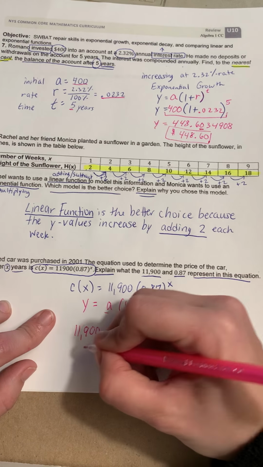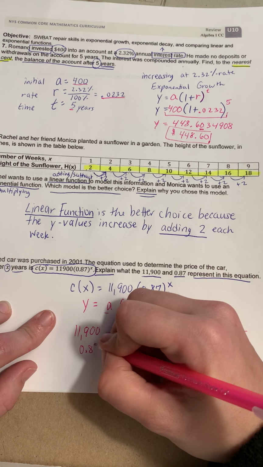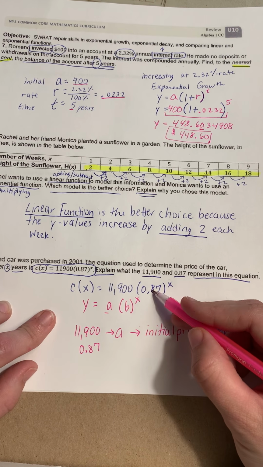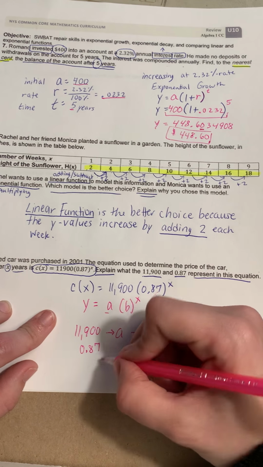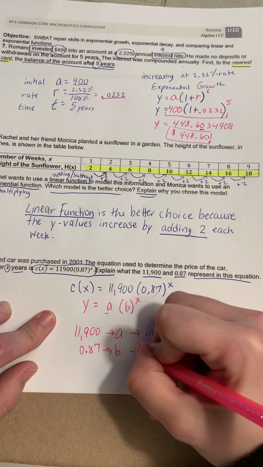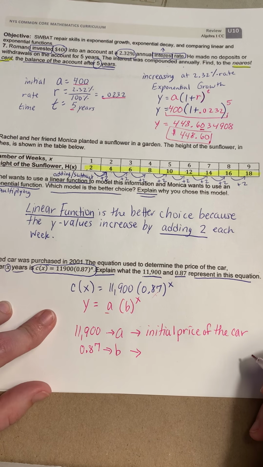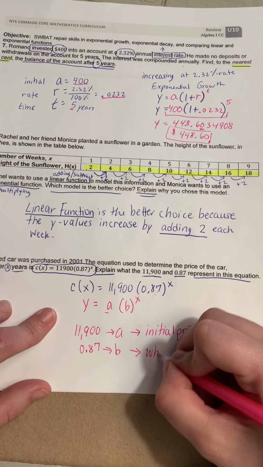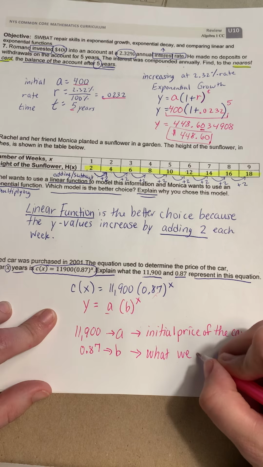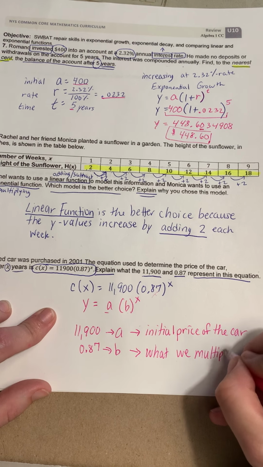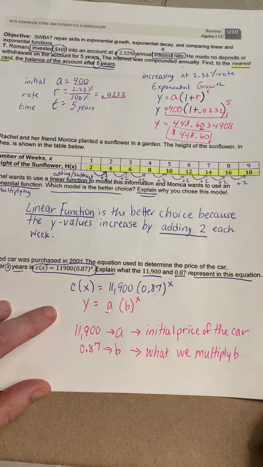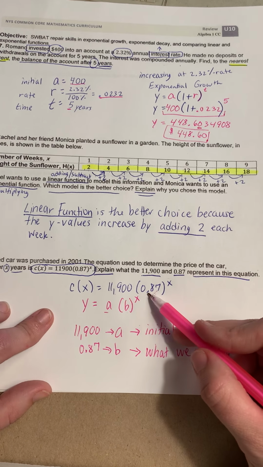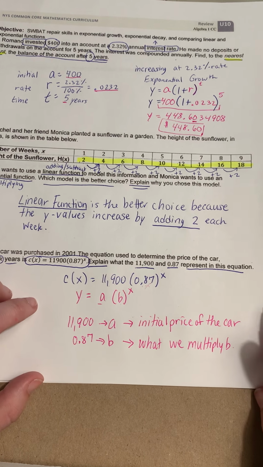And now I got to look at the 0.87. Well, the 0.87 is inside the parentheses, so that would be my b value. And back on the first lesson, we wrote the b value is what we multiply by. So in this case, we're multiplying by 0.87.